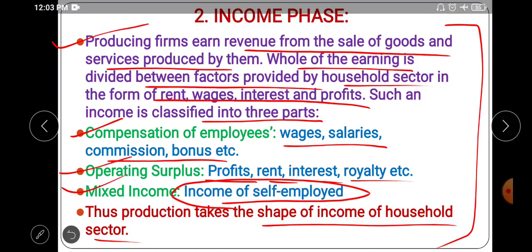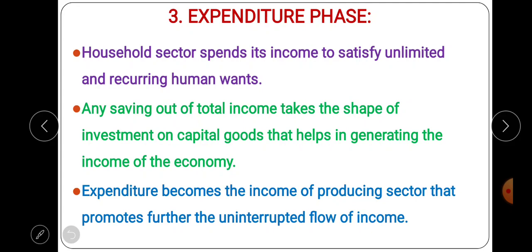And the last phase is the expenditure phase, where the income earned by the factors of production, or we can say the income earned by the household sector, is going to be spent on the goods and services produced by the producers or firms.